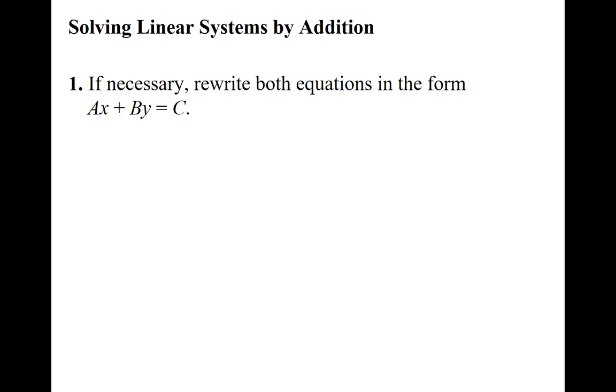I said that there were 3 methods of solving linear systems. The first was substitution. The second is addition, also known as elimination. For this one, we want them both in the form ax plus by equals c, the x and the y on one side, the constant on the other side.